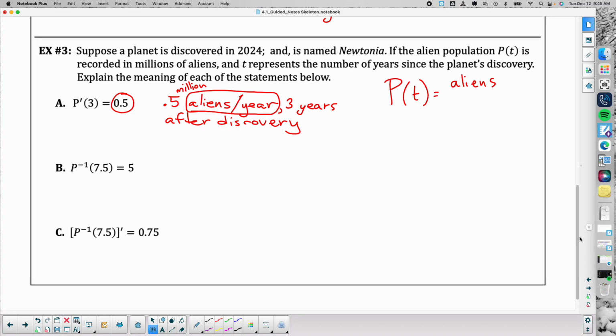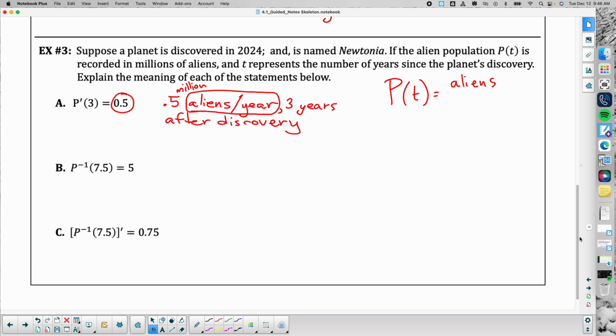What would the inverse stand for? That many years after discovery. 5 years after discovery, at the 7.5 million population mark, was 5 years after discovery.